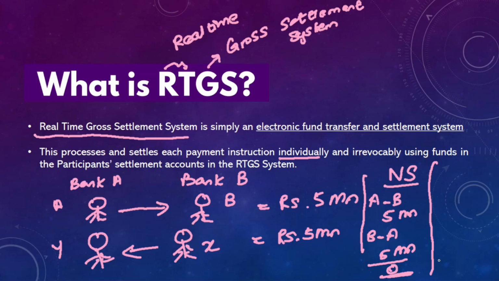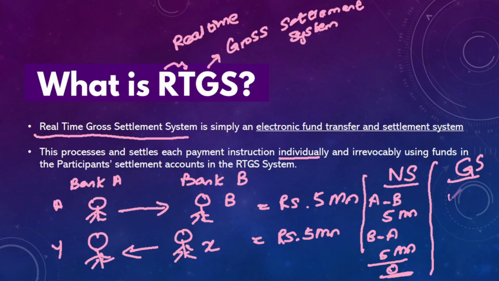For a net settlement, you have to wait until all requests for transactions are received, and then net off against specific counterparties. What happens in gross settlement is that each transaction is handled as a separate transaction.